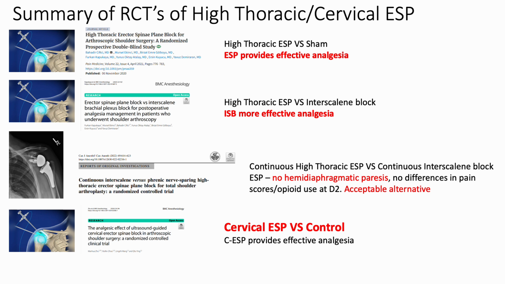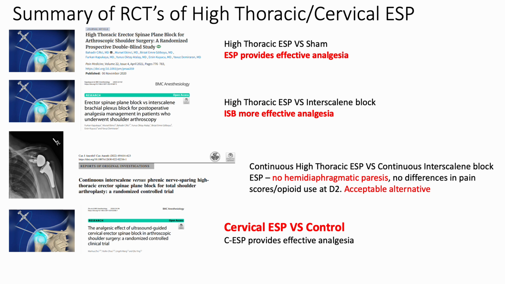In the third trial, which looked at the role of continuous high thoracic ESP block versus continuous interscalene block in shoulder replacement, in patients who had the ESP block, there was no incidence of hemidiaphragmatic paresis.